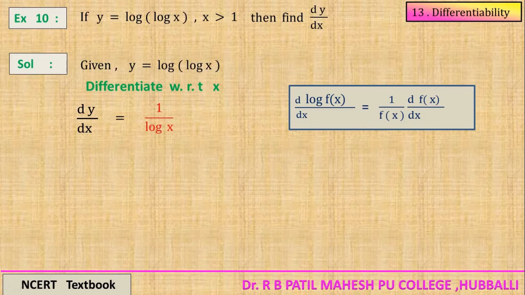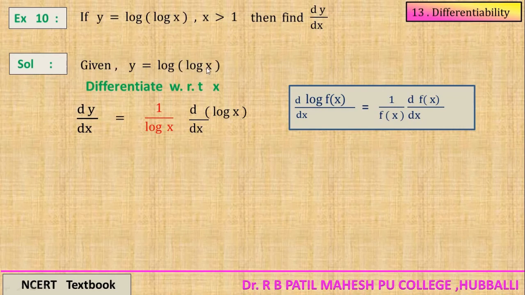1 divided by log x. Now f of x is log x, remember. This is f of x. This one you take in the denominator, that is 1 upon log x into d by dx of log x. So whatever this answer is written, this answer is of this log.